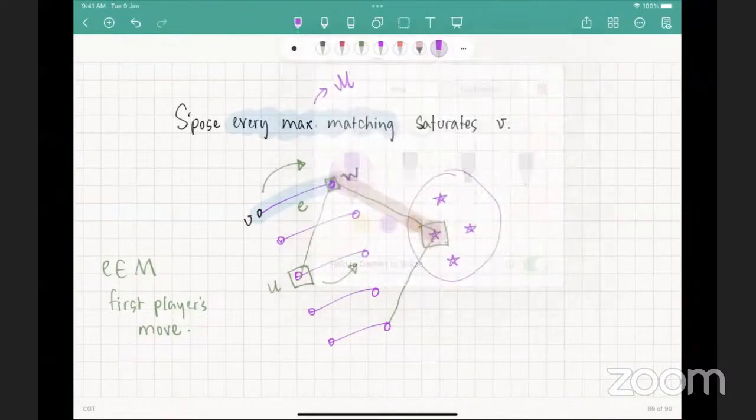So you can't have edges out here. So any move that the first player makes will bring them back to the matching. And of course, it's not even clear that the first player is guaranteed a move. You might well be on an unsaturated vertex where you get stuck, right?